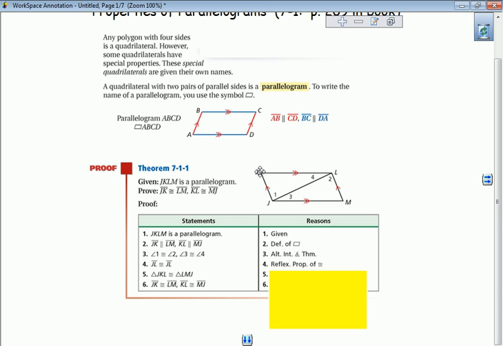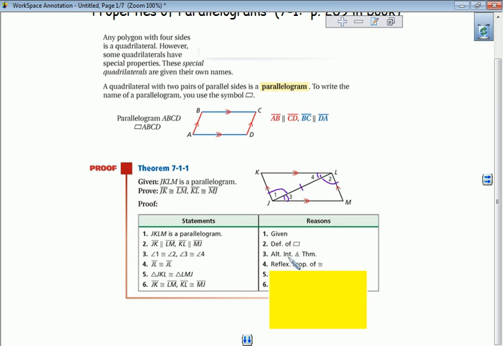Triangle JKL is congruent to triangle LMJ. And let's mark our picture, so see if we can figure out what this is going to be. So we have this congruent to this congruent to this, and JL is congruent to itself. So I see an angle, a side, and an angle.